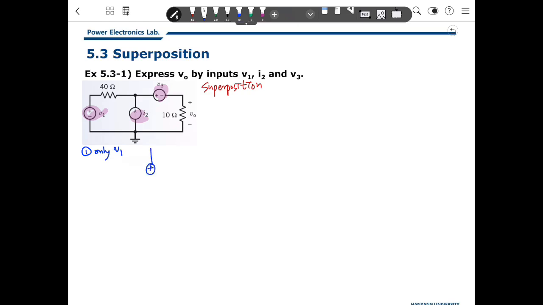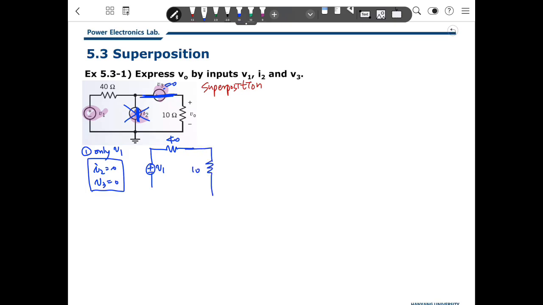So in this case, I2 is 0 and V3 is 0. What's the meaning of I2 is 0? That means there is no current, so it's an open circuit. And V3 is 0, that means this is a short circuit.